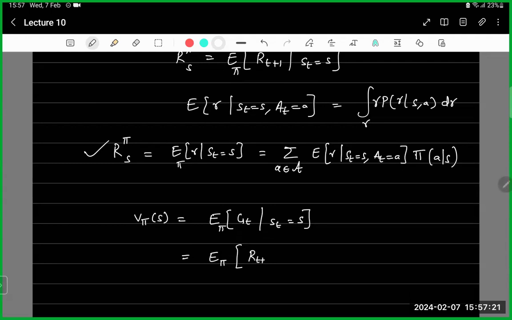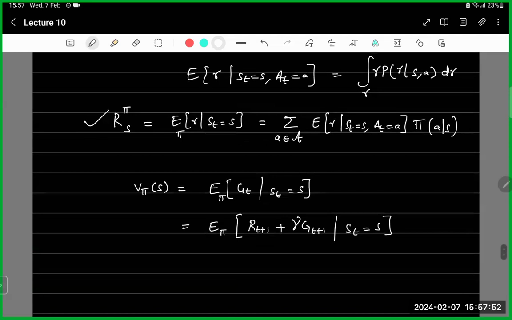Can I write G_{t+1} here? Correct? Because G_t is R_{t+1} plus gamma times R_{t+2} plus gamma square R_{t+3}, and so on. So I can write G_t as the immediate reward plus gamma times G_{t+1}, given S_t equal to S.